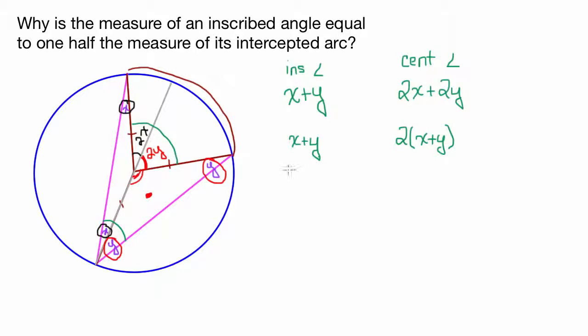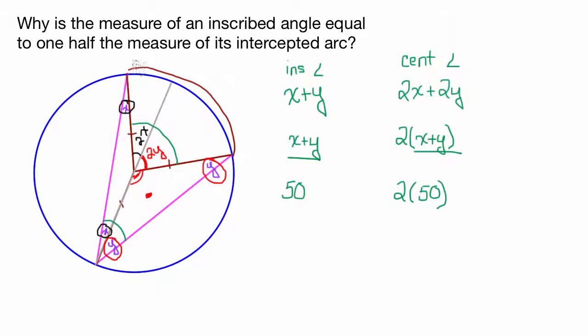It's twice as big. So let's hypothetically say that the inscribed angle were 50. Then this is going to be 2 times 50, because as you can see, x plus y is 50. So look at that. It's double, just like we said.